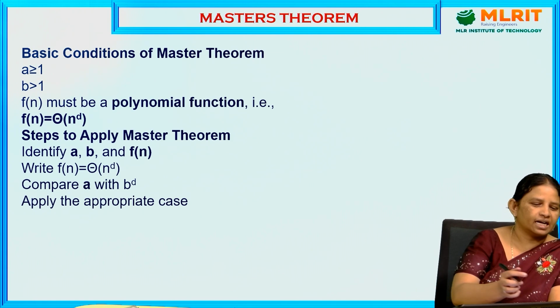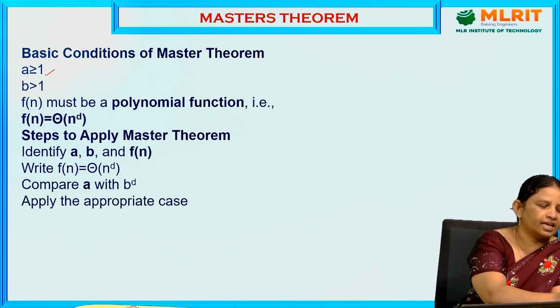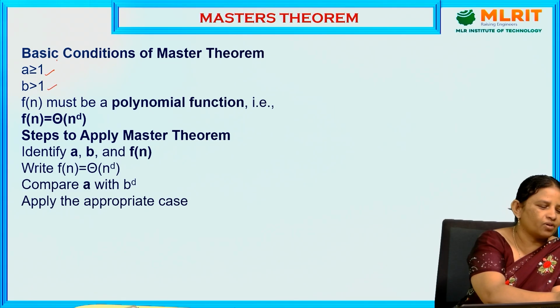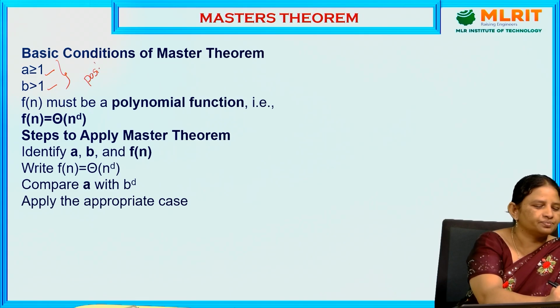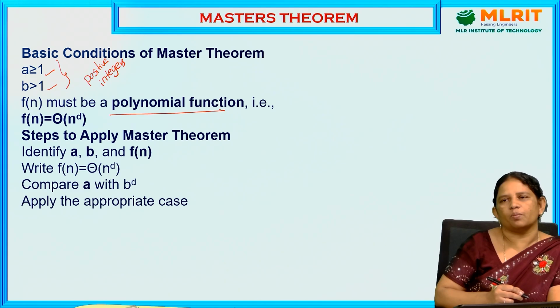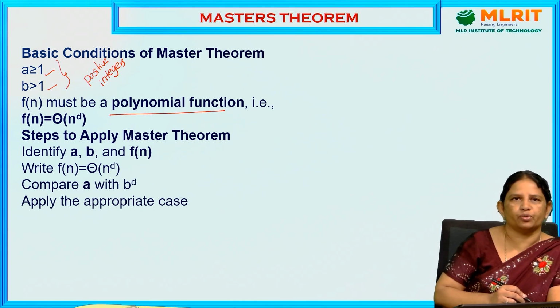So, the basic conditions of Master's theorem are a is always greater than or equal to 1, b greater than 1, which means a and b are positive integers. f of n is a polynomial function or an asymptotic function.